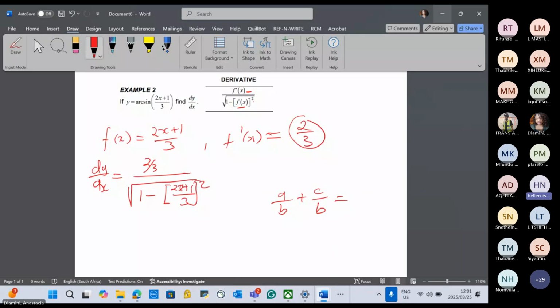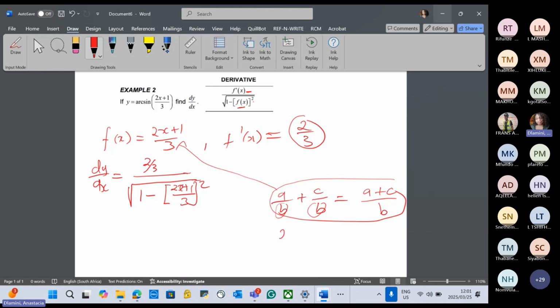A plus c over b. Because with fractions, this one and this one have the same denominator, so you leave it like that, and then the numerator becomes a plus c. Do you see that? So this rule over here, you can also apply it here.